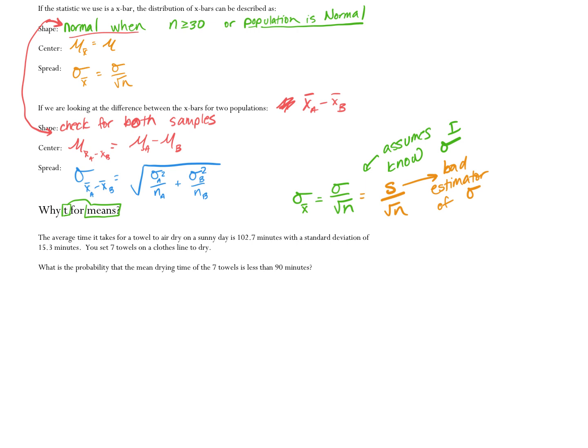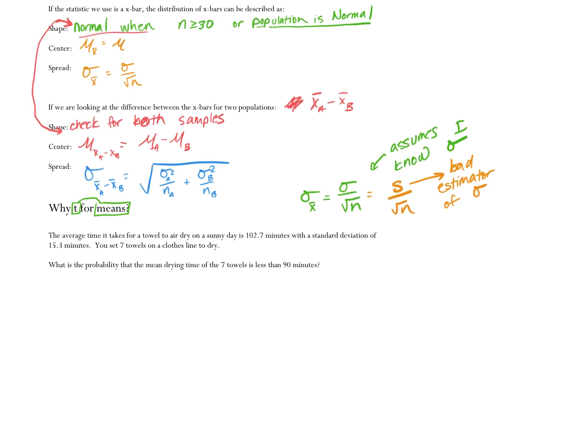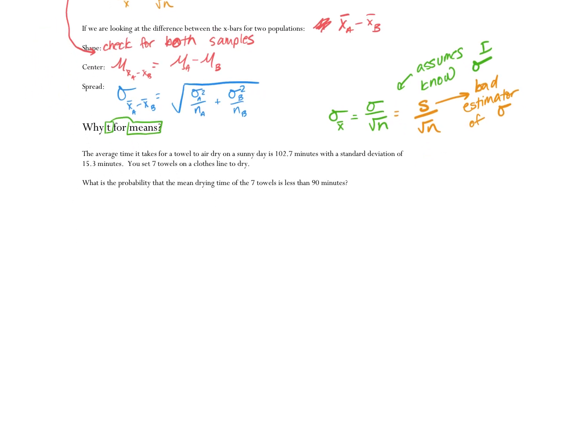So the standard deviation of your sample is just not a good estimator of the standard deviation of your population. And that's why we use T, because the T gives us a little bit more wiggle room. It accounts for this idea that we're using a not great value within our process.